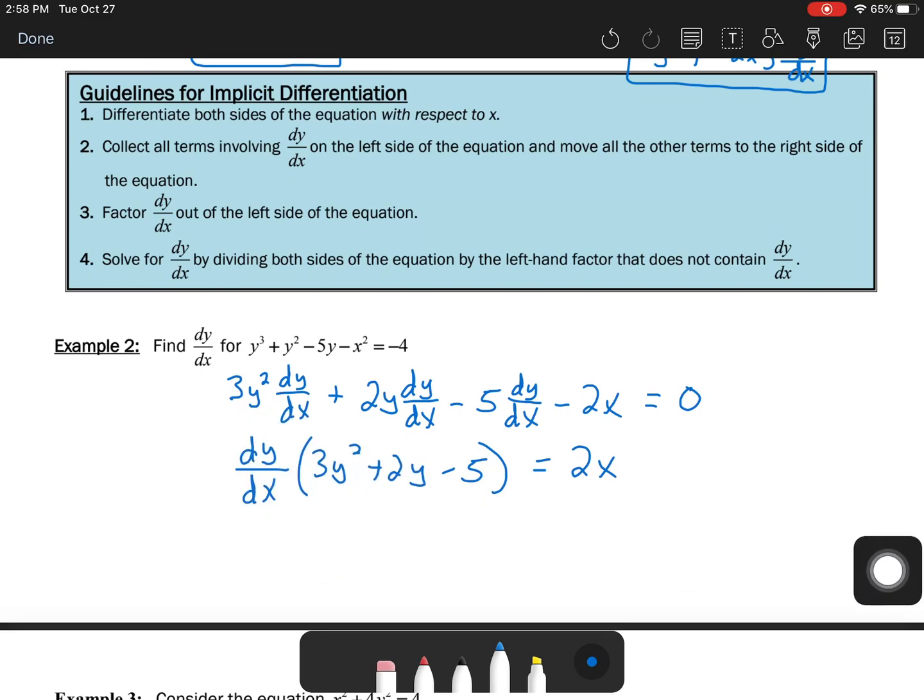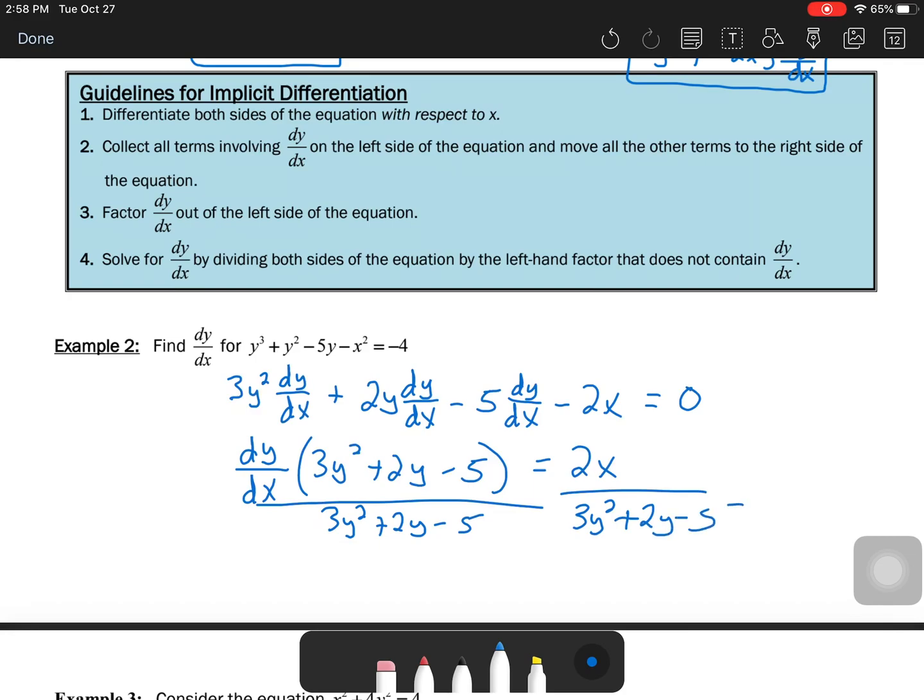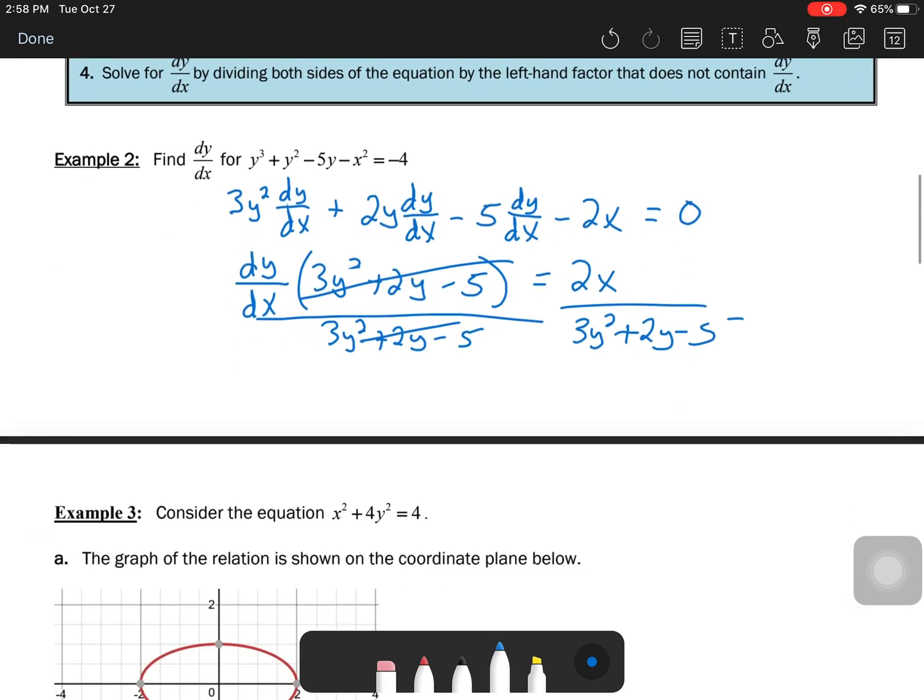So all I have to do is divide by the 3y squared plus 2y minus 5. And that would be my derivative right there. So dy dx would be 2x over 3y squared plus 2y minus 5. And that's how we'd leave our answer, just like that.